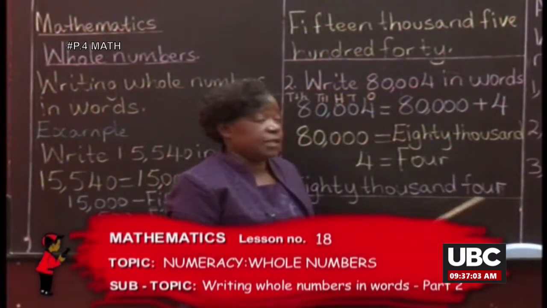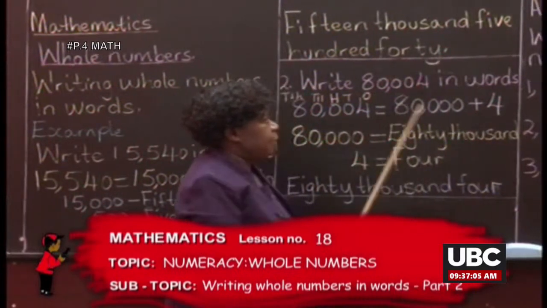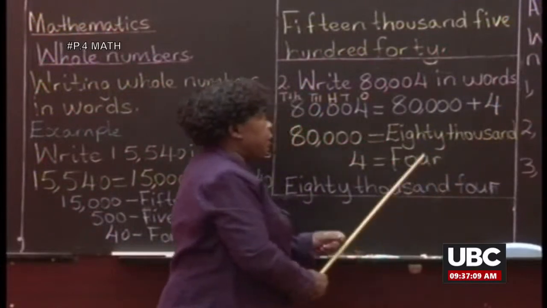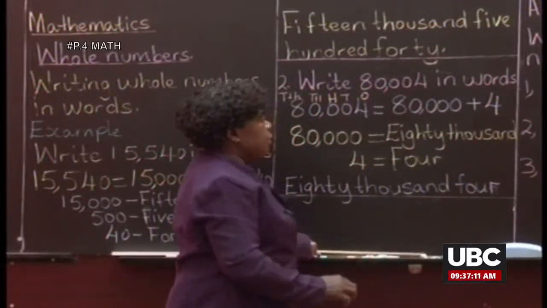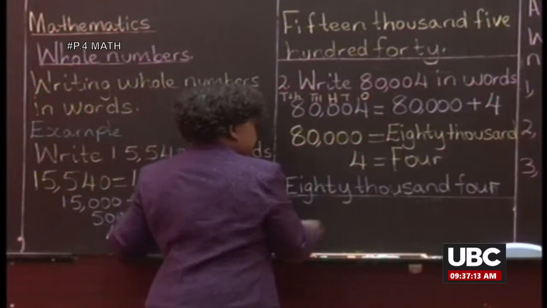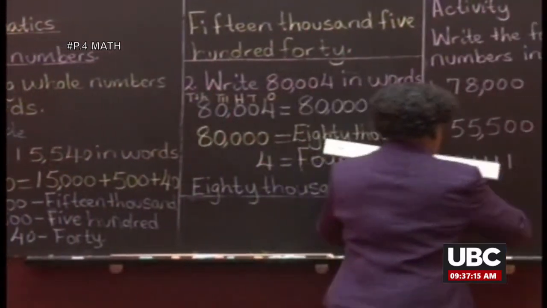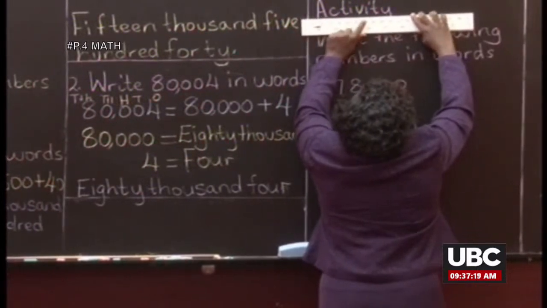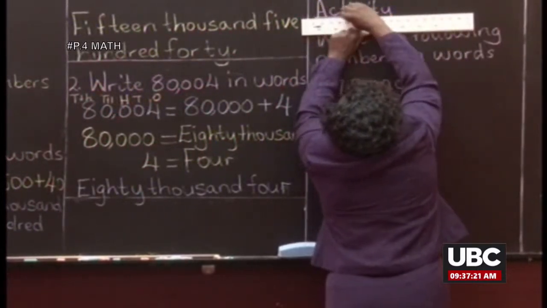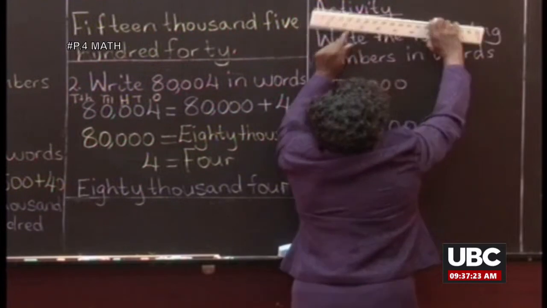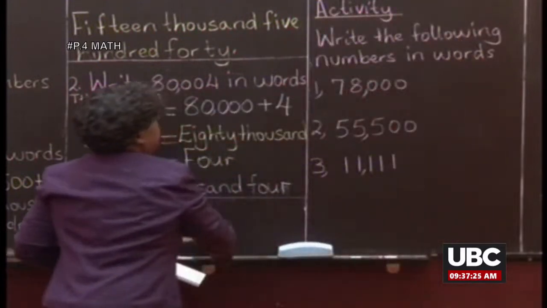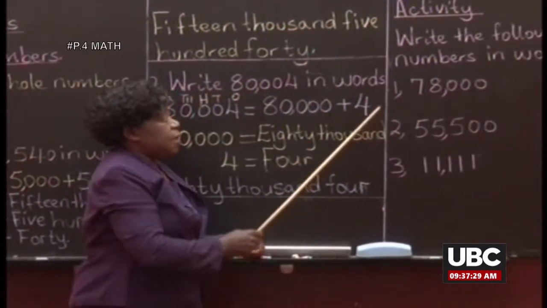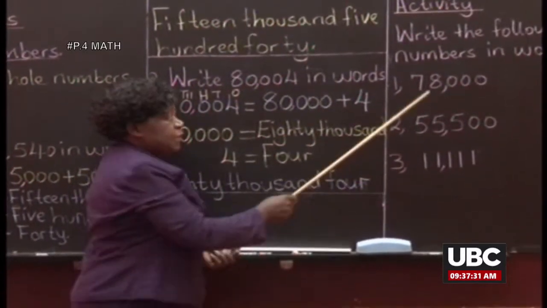I hope you've got the answers to these numbers, and I want us to see how we can write these numbers in words. Remember, we said it is important to sound out your number first before you write it. Our first number is 78,000.